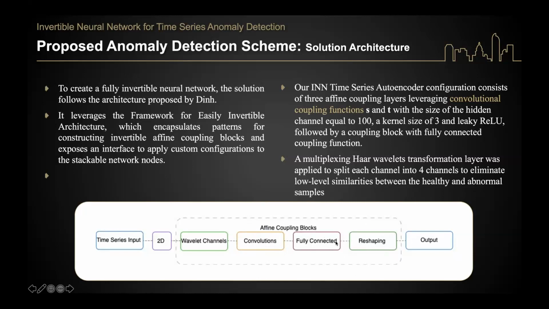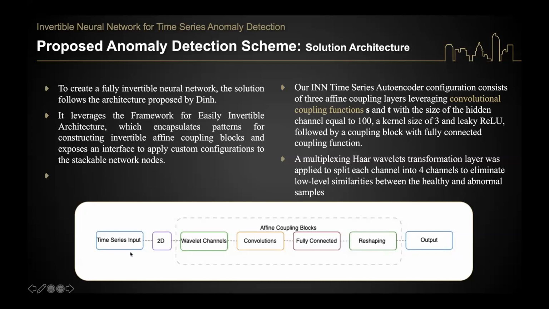Now we can have a fully connected coupling block. We can have reshaping, because it simply depends on whatever we plug in as those two functions. And again, because of the nature of that equation we saw above, the whole thing is invertible from end to end.